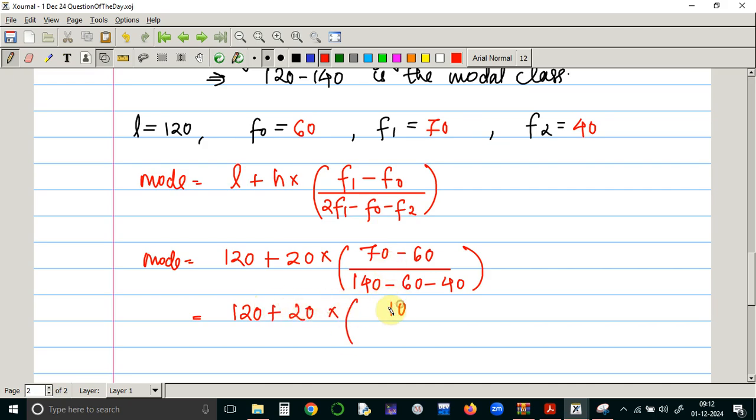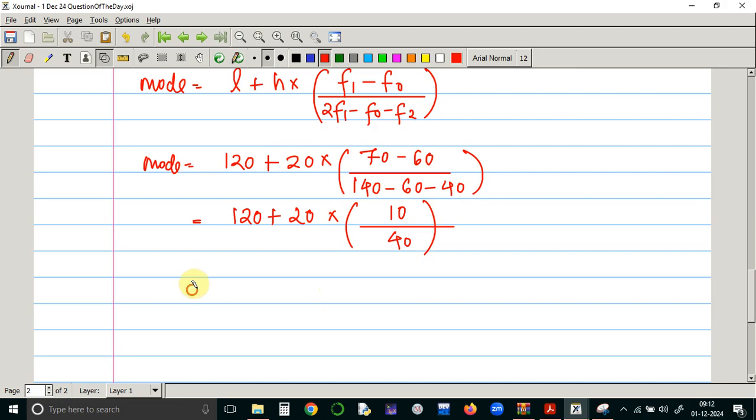So in the numerator we have 10, and in the denominator, 140 minus 100 is 40. This goes 4, this comes 5, which is 125. So the value of the mode is 125.